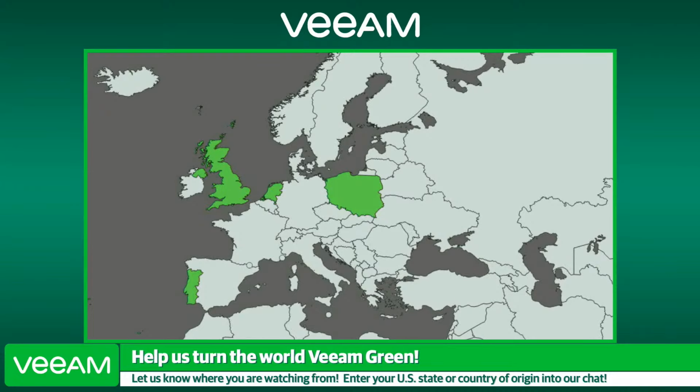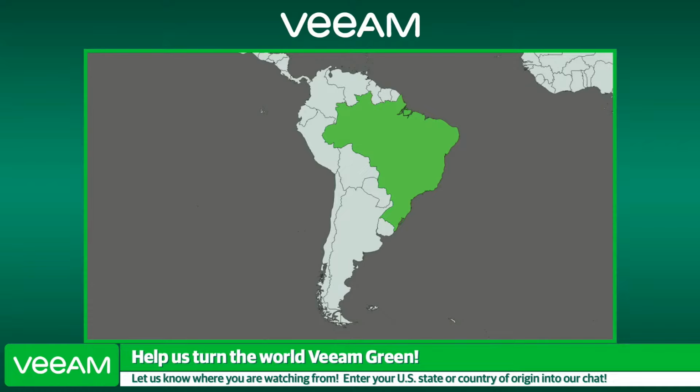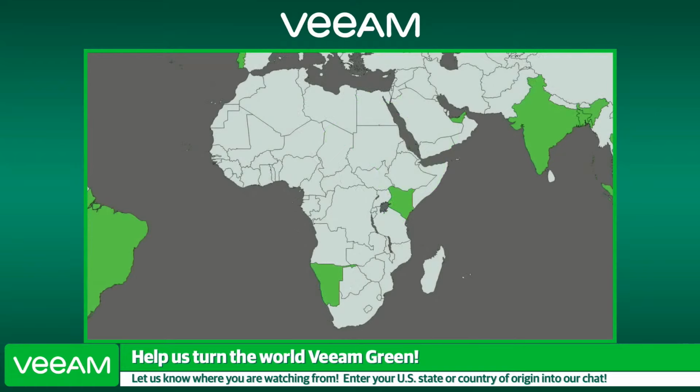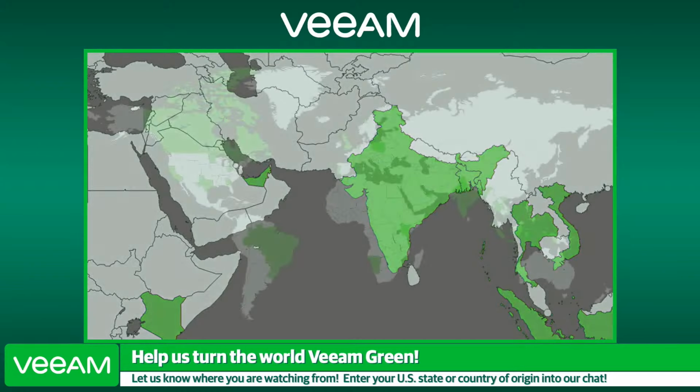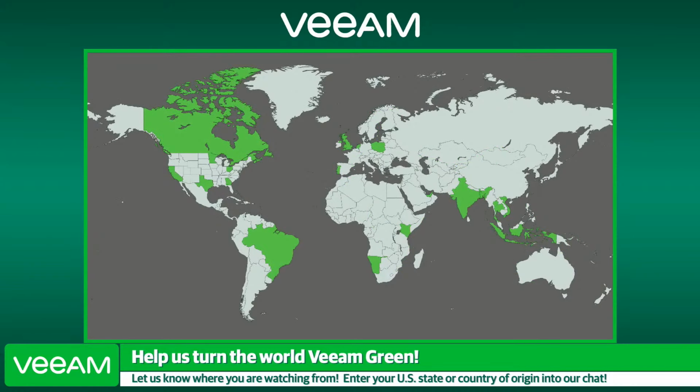Poland, Portugal, back down to South America and Brazil, Kenya, UAE, Thailand, Indonesia, Bangladesh, Vietnam, and India. I think we got all of them. So thank you so much, you guys, for joining us all around the globe. I appreciate it. I've only been to a handful of those countries. I wish I could go to all of them, honestly.